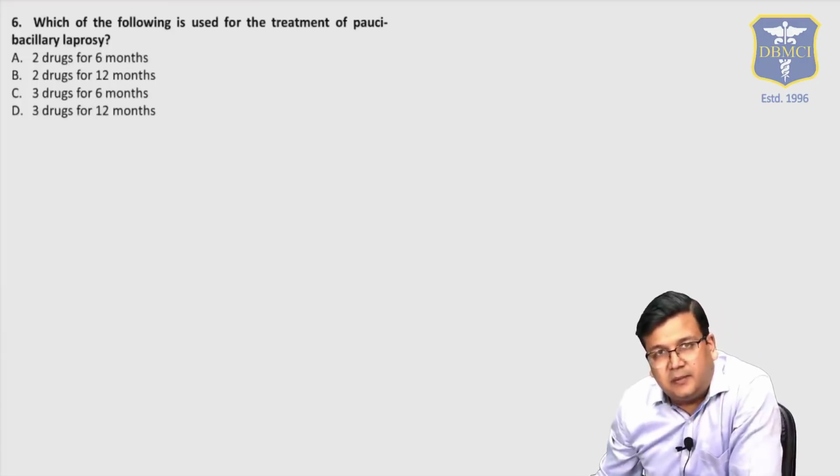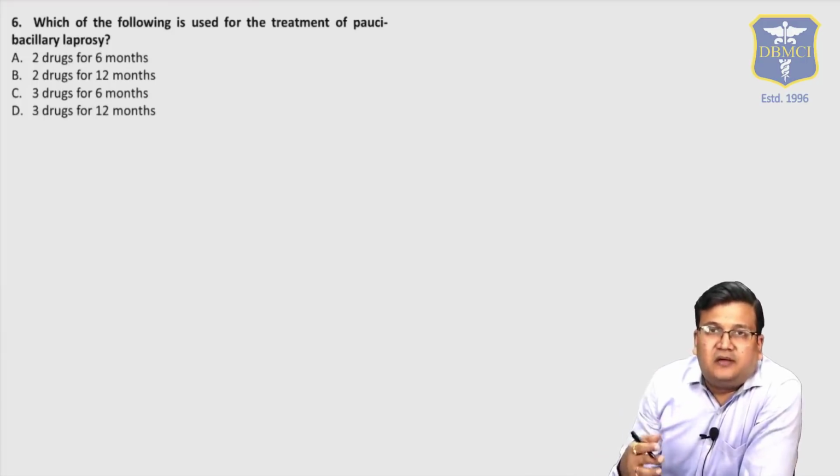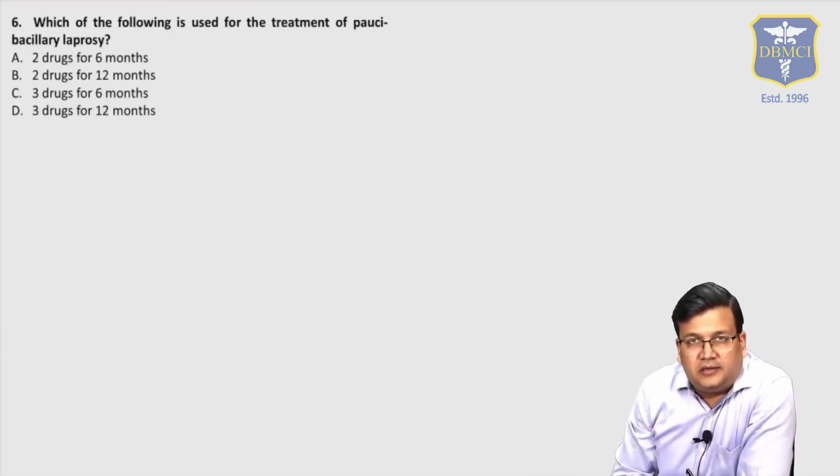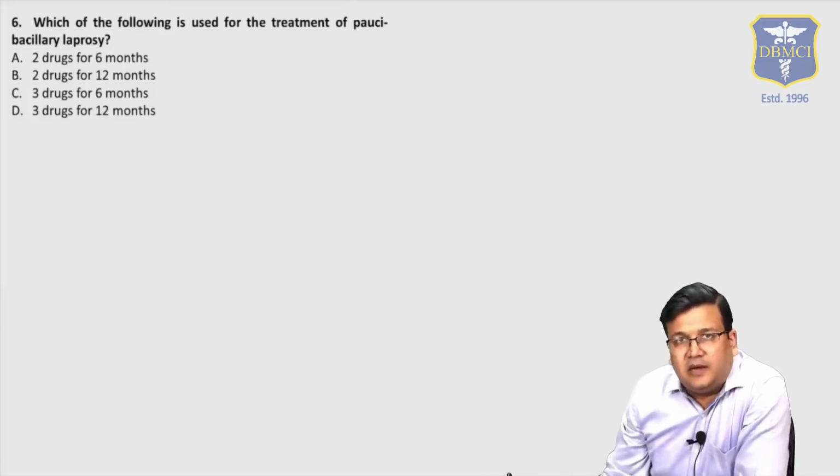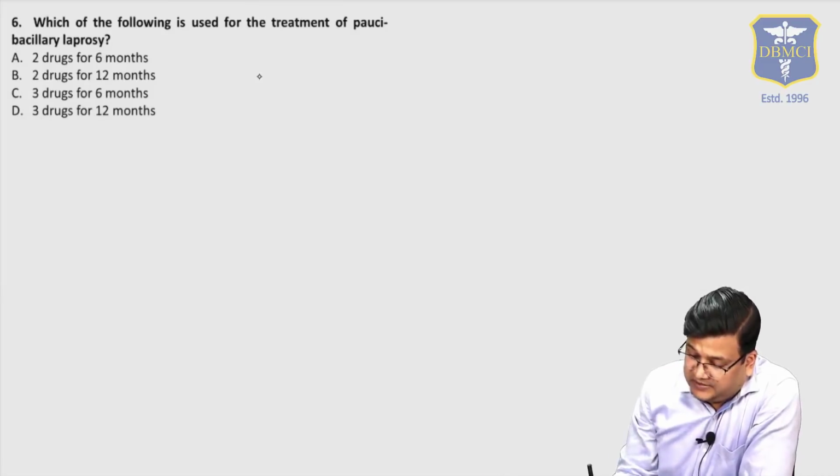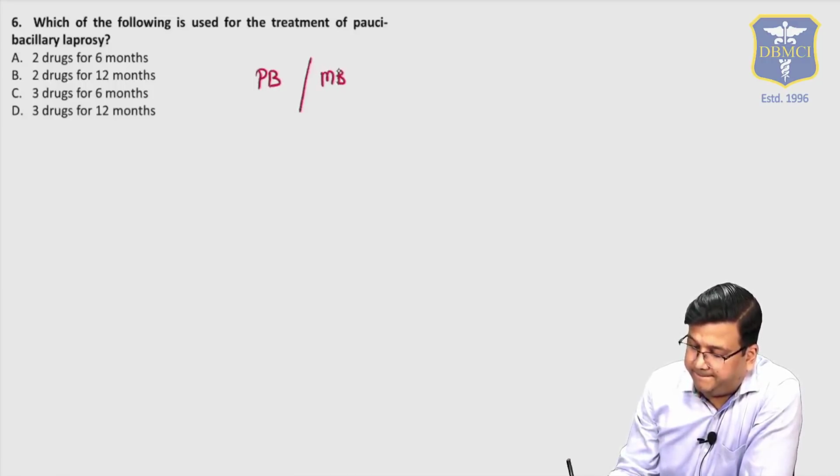Paucibacillary leprosy. Now this is based on recent changes in guidelines. So what is the treatment of leprosy now? So whether it is paucibacillary or multibacillary, treatment is with the same drugs, only the duration is different.